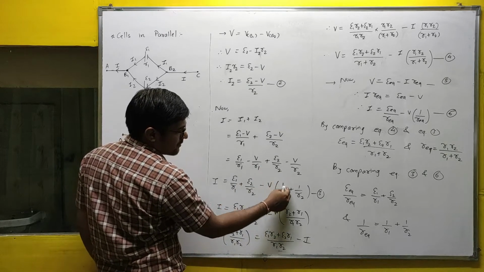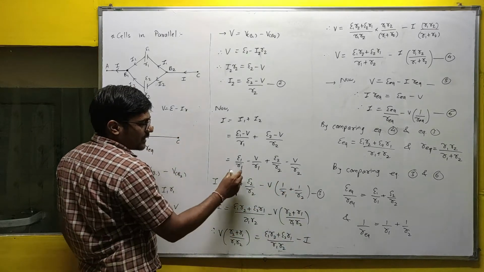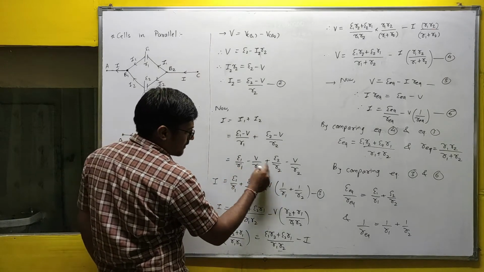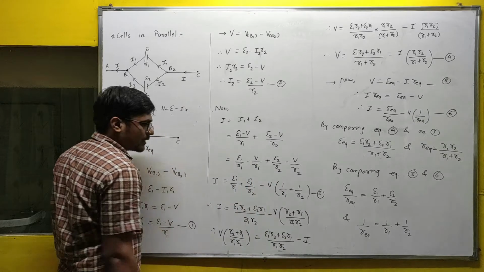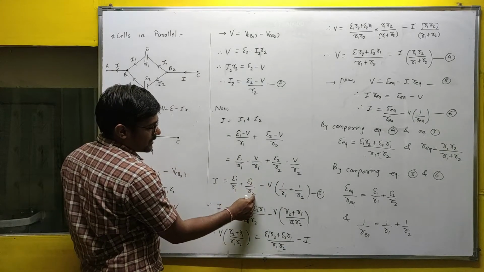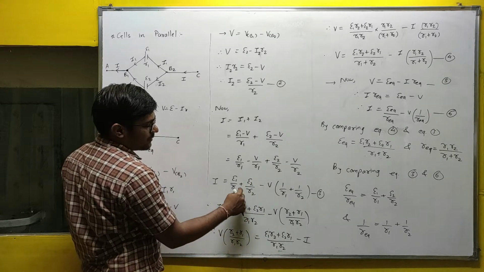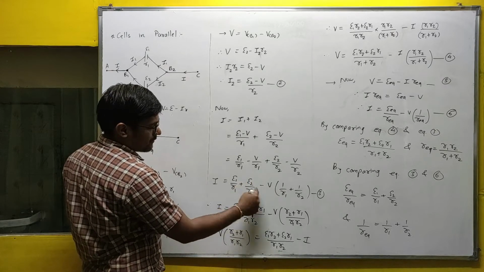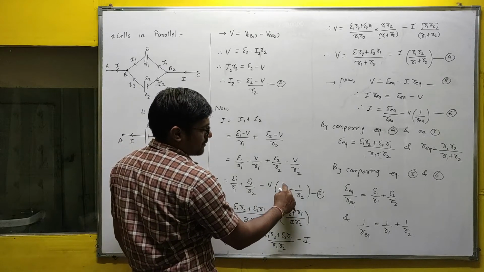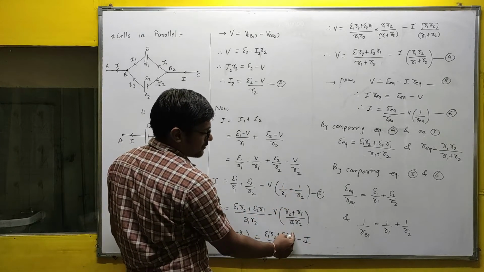So that becomes 1 by R1 plus 1 by R2, and combine the other two terms, E1 by R1 plus E2 by R2. Now take the LCM: multiply R1 here and R2 here, so E1 R2 plus E2 R1 divided by R1 R2. Take the LCM here also, so R2 plus R1 divided by R1 into R2.